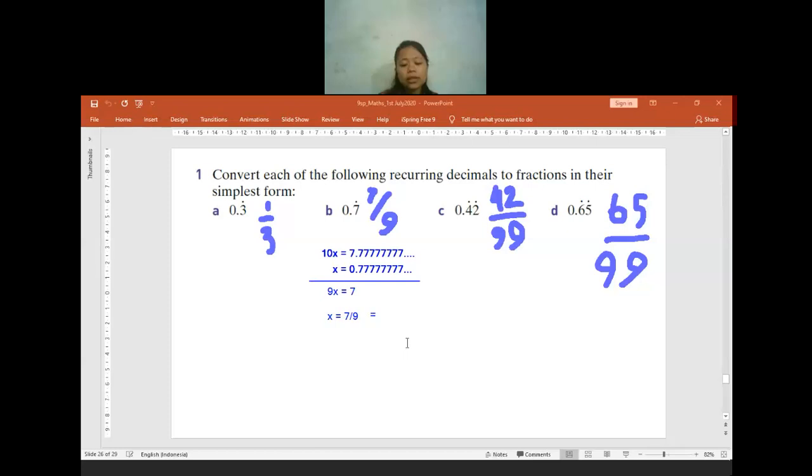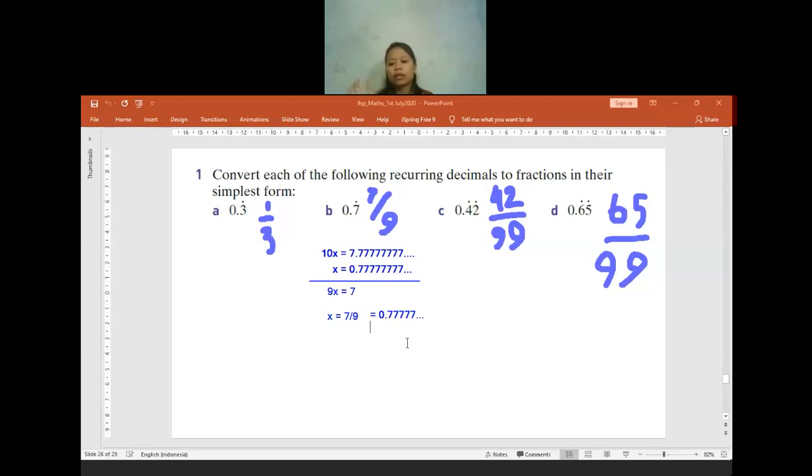We always assume that the question given is equal to x. So later, whatever x I get will be the fraction itself for the decimal given.